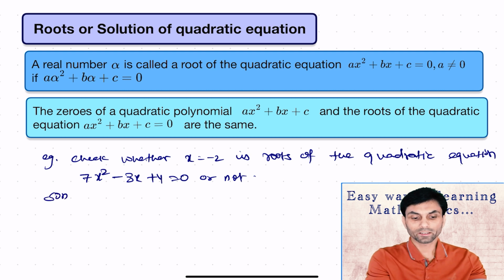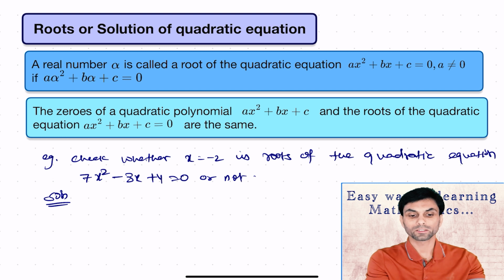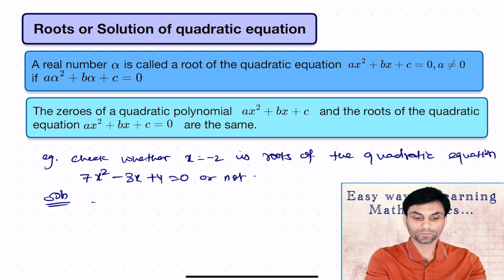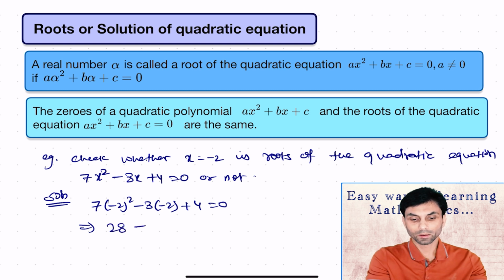In order to check it, we'll substitute the value x equals minus 2 into the equation and see whether it satisfies or not. So in this case, we'll take 7 into minus 2 whole square minus 3 into minus 2 plus 4 equals 0, which will give us 7 into 4, 28, plus 6 plus 4 equals 0. That is, we'll get 38 equals 0, which is not true.